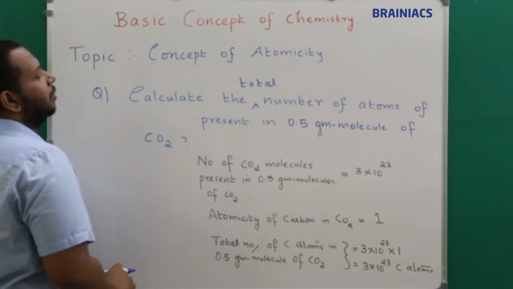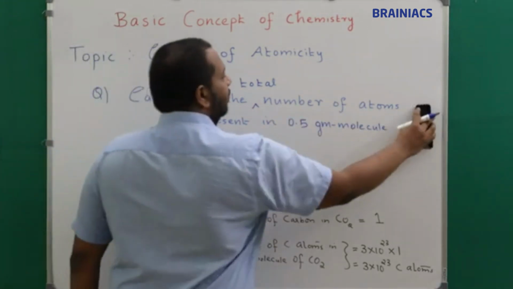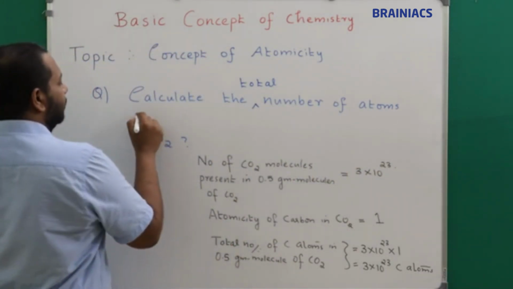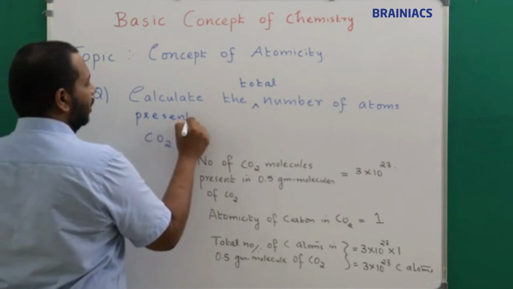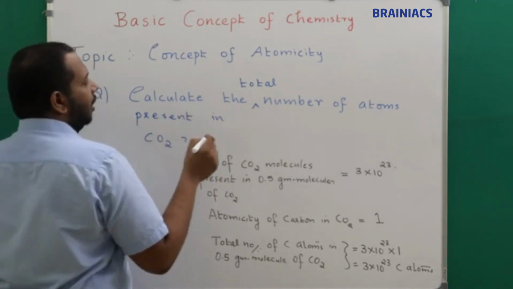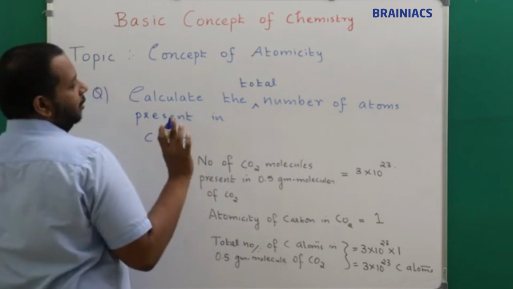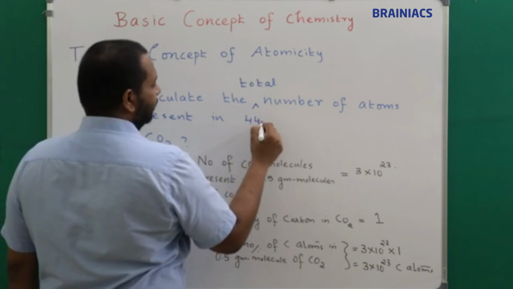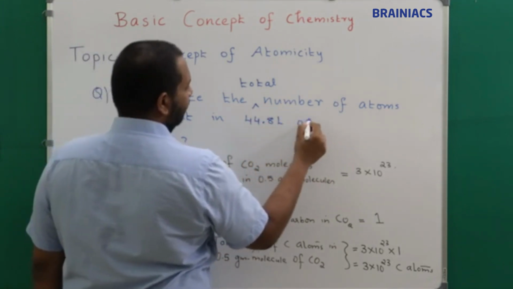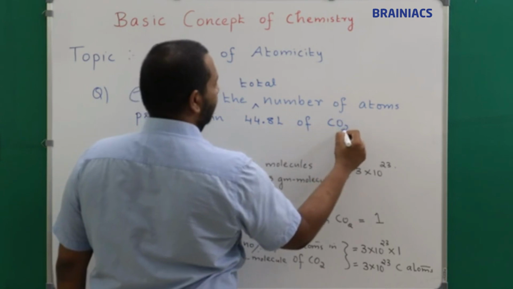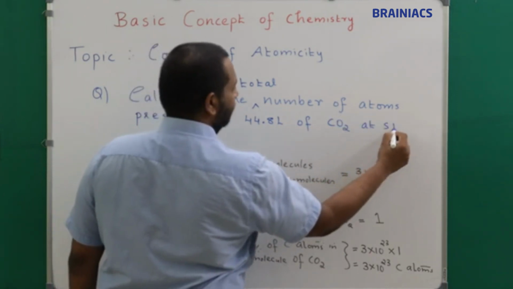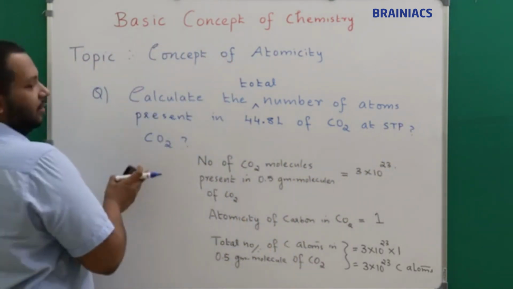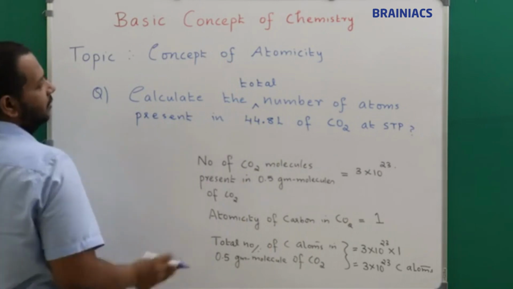So calculate the total number of atoms present in 44.8 liter of carbon dioxide at STP. So this is the question.